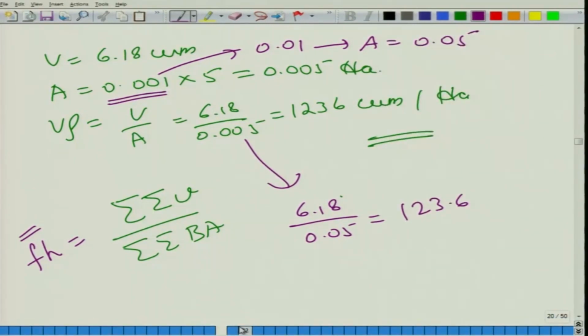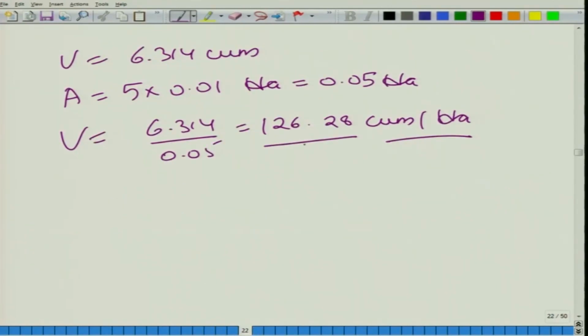So, in the current problem we have changed the areas of each of the sample plots. So, here we have 123.6 cubic meter per hectare when we are finding it by using the form height. When we are using the regression equation, we are getting 126.28 cubic meter per hectare, which is very close to the value we got before of 123.6.